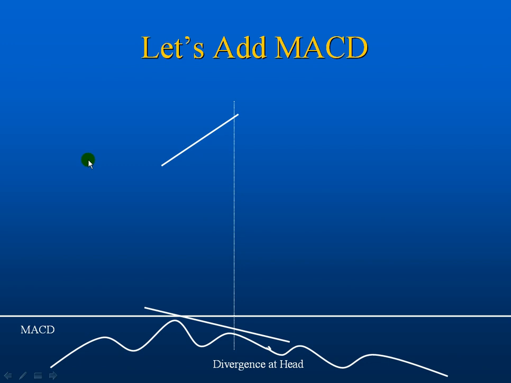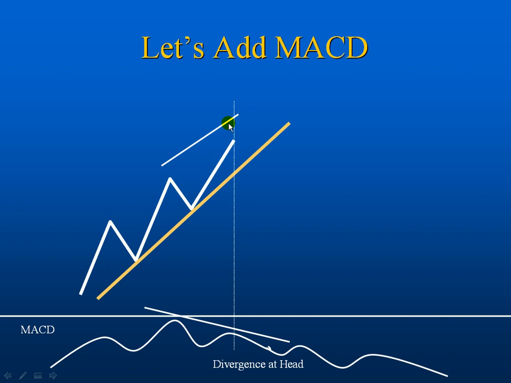Let's add MACD now. Price is making higher highs. MACD is diverging. Now we see a trend line break, and so the divergence pays. But once we see this level of support form, the divergence is simply one more consideration suggesting that this reversal may come to fruition.